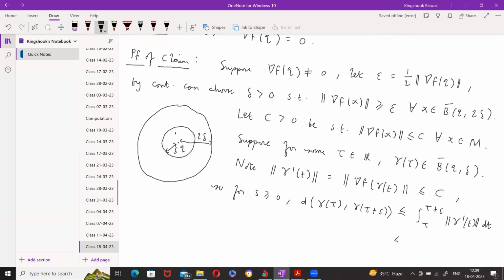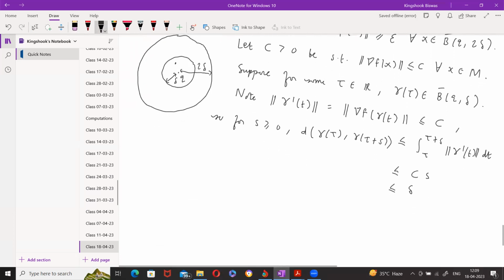So that's less than c times s. So this is less than delta if s is less than delta over c, right?